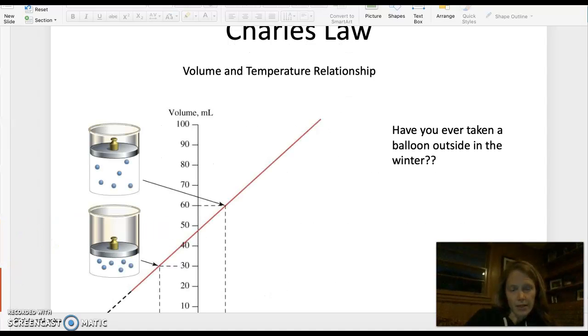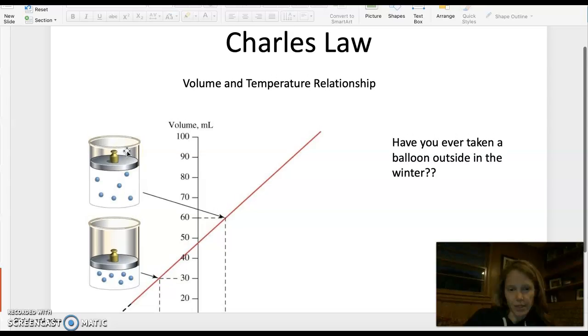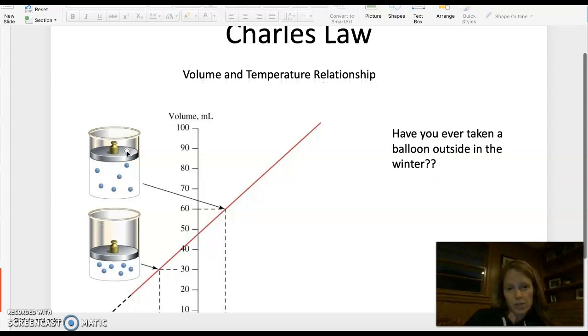The second gas law, the second relationship that we're going to see is called Charles' law. And Charles' law is a volume and temperature relationship.